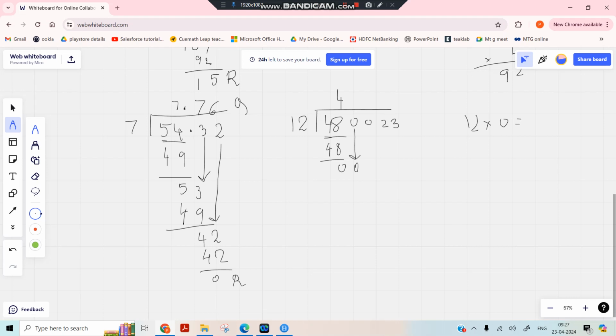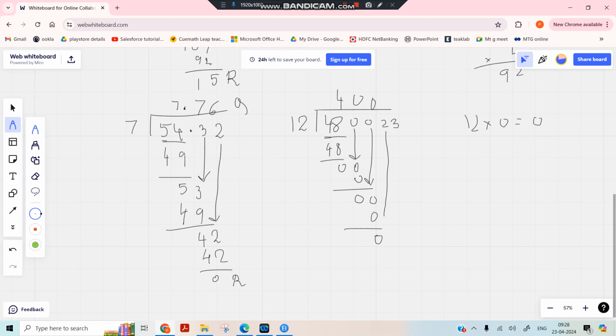The non-zero multiple starts from 1, but the first multiple is of course 0. So 12 times 0 is 0. You get a remainder 0. Now this 0 comes down. And again you put a 0. 12 times 0 is 0. Remainder is 0. You get a 0 here.